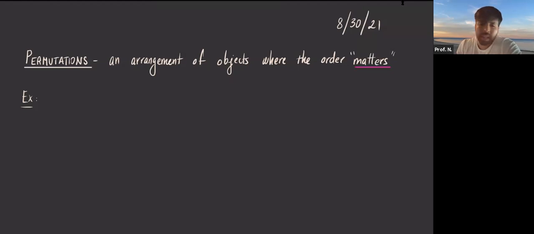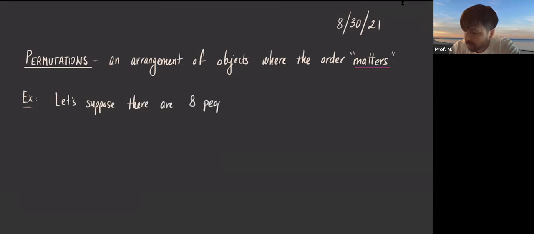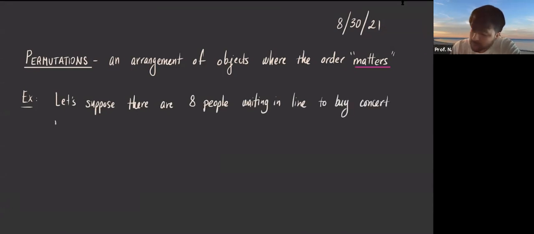And so then the question naturally arises: let's suppose there are, let's make it 8 people, 8 people waiting in line to buy tickets, to buy concert tickets. Not too impressive of a concert, I guess, because only 8 people, but this is just for our example here.